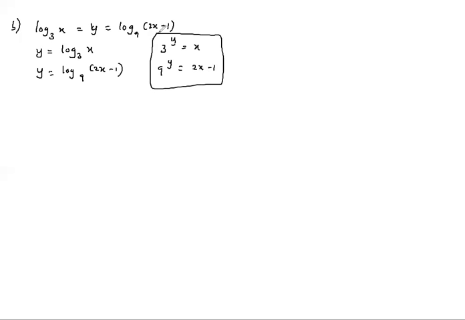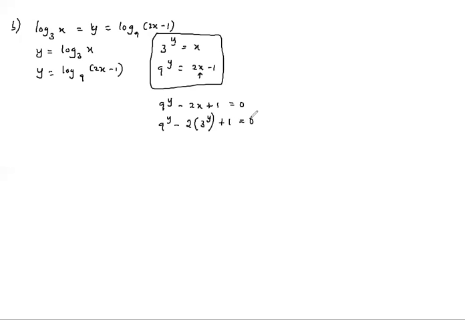On the first one, you can choose to bring the x here. So I have 9 to the power y minus 2x plus 1 is 0. What is x? x is 3 to the power y.